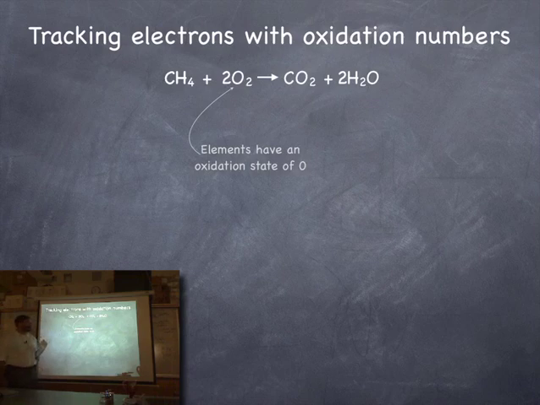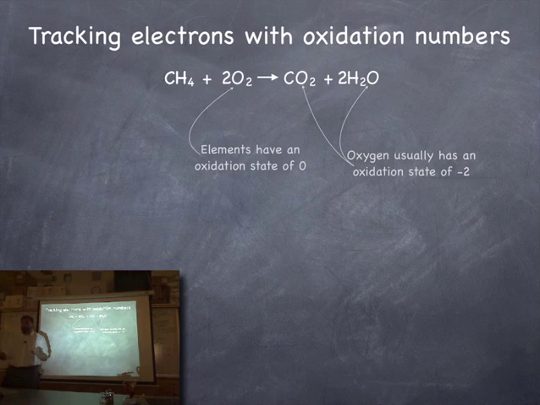Rule number 2. If it is oxygen in a compound, a covalent or an ionic compound, oxygen almost always has an oxidation state of -2. So we're going to assign the oxygens oxidation states of -2. Because they're in a compound? That's because it's in a compound.